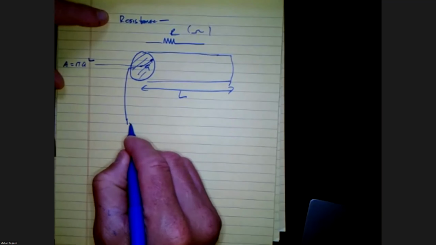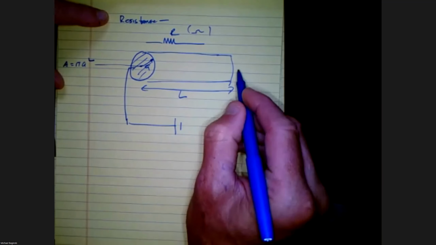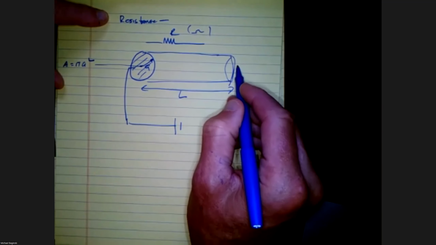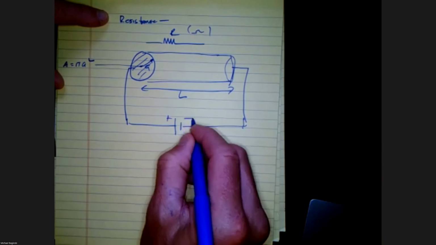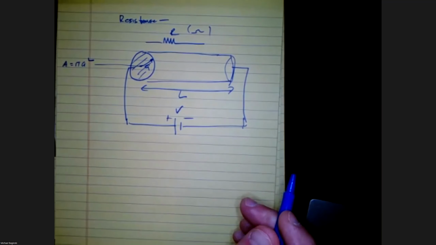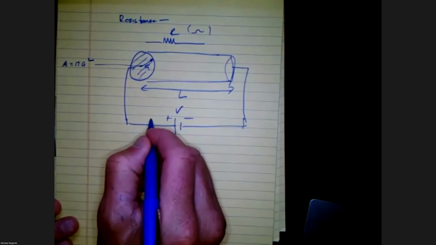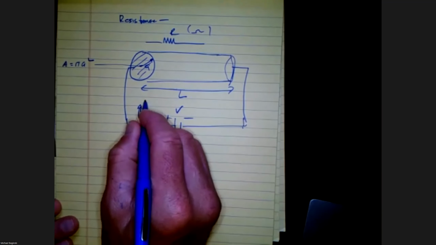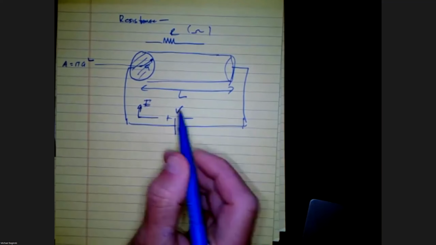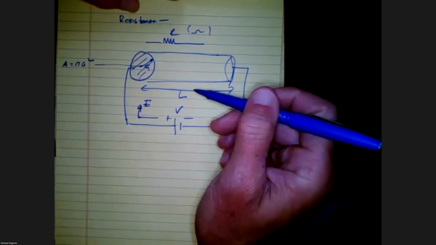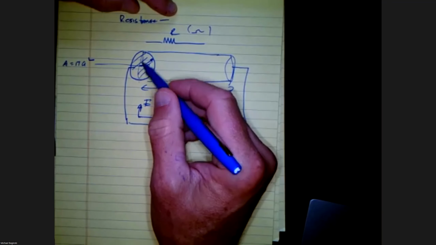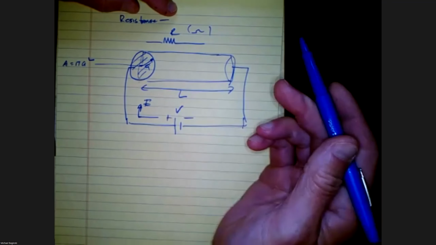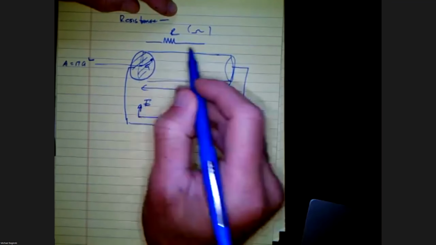I like to do it this way to show you what you're actually thinking or should be thinking. If you hook a battery with a voltage V across those terminals, and we assume a current I is driven through it, and we assume furthermore that the current will uniformly distribute itself over this surface to get a constant value of current density.